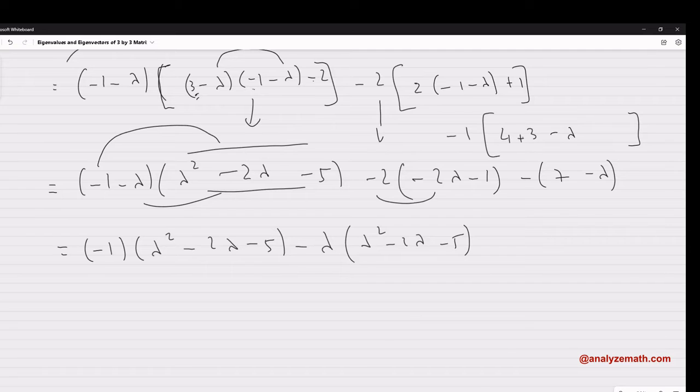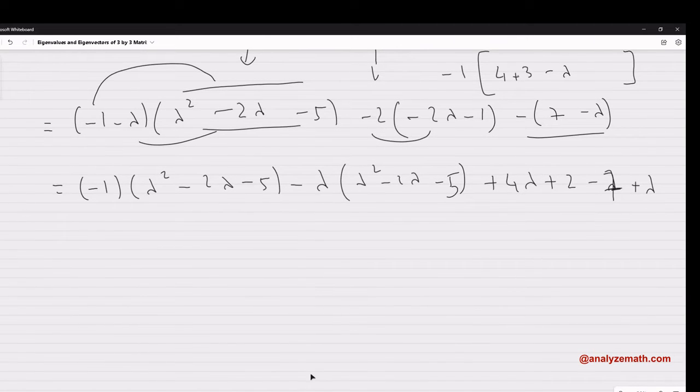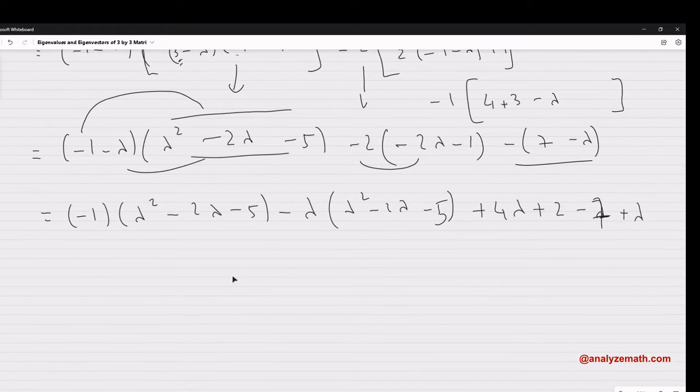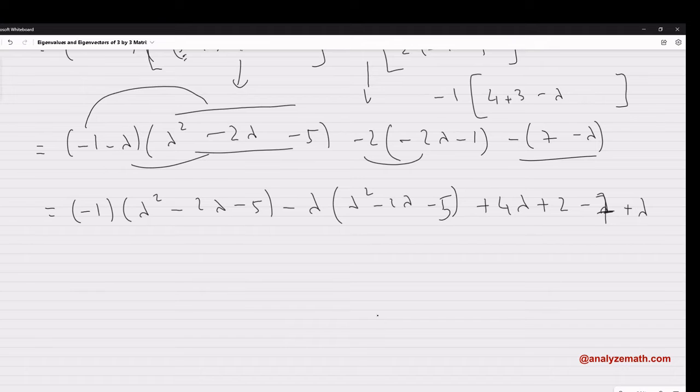Now let's start simplifying. Plus 4 lambda here. Plus 2. Negative 7. I'm doing this now. Negative 7 and then plus lambda. Good. Okay. Now 2 lambda here. I think we can start simplifying straight away now.